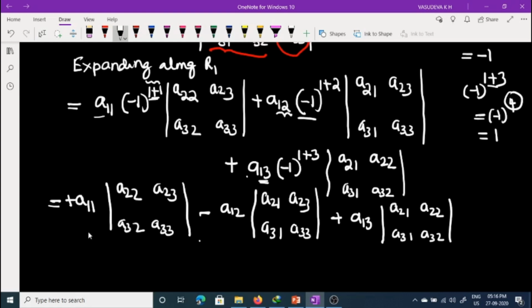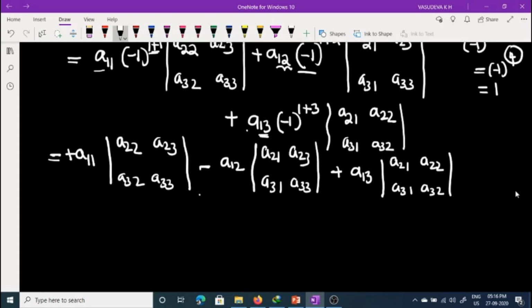Now expanding this determinant, that is equal to A11 times the second order determinant that we already know, multiplying the elements crosswise. So A22 into A33 minus A32 into A23.